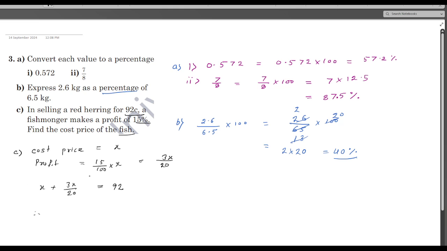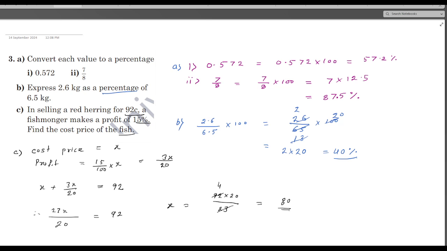So your cost price and profit add up to 92 cents. Therefore 20 plus 3, that is 23x divided by 20, is equal to 92. So here X is 92 times 20 divided by 23. 23 times 4 is 92, and 4 times 20 is 80.